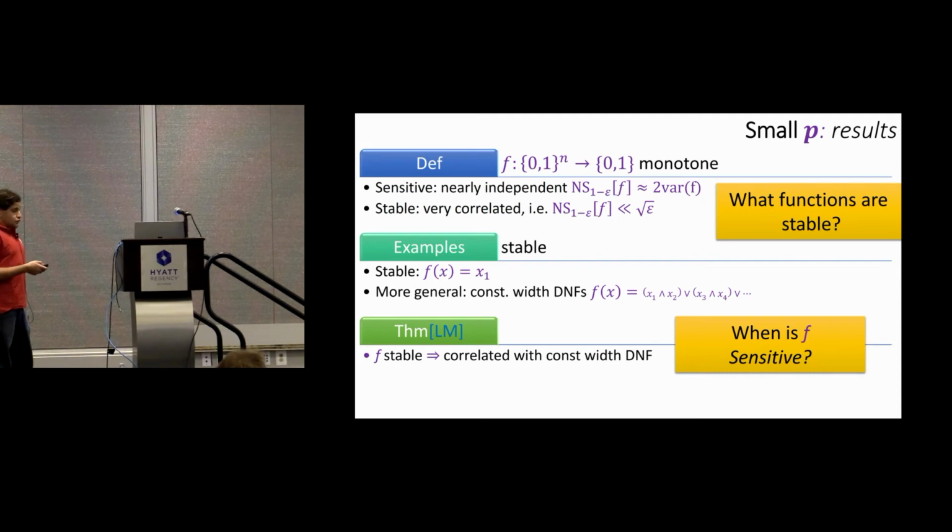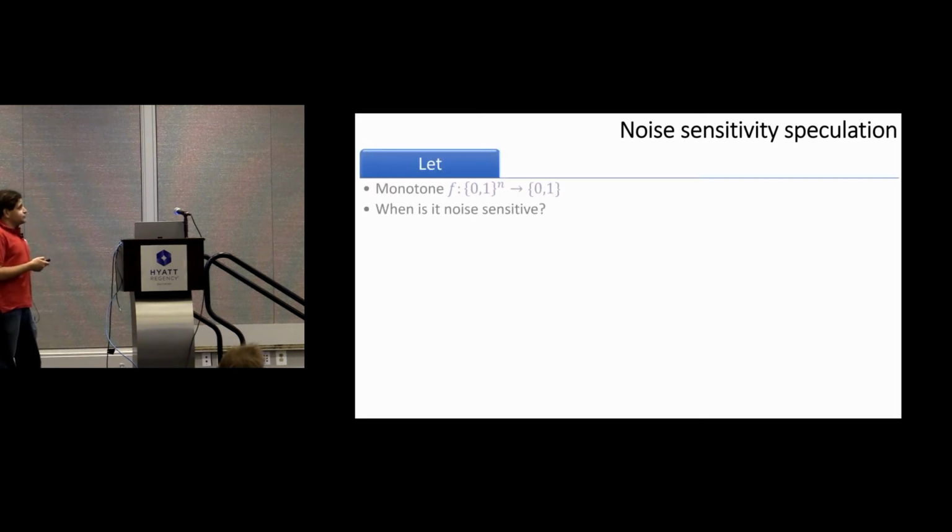Good. The next question we have to ask is, when is a function noise sensitive? Here the situation is more complicated. As I'll shortly explain, you come up with a speculation, like the DNF speculation before. You think about it, you're convinced that it's true, but then you have a surprise. Again, we have our monotone function, and we want to know when it is noise sensitive.